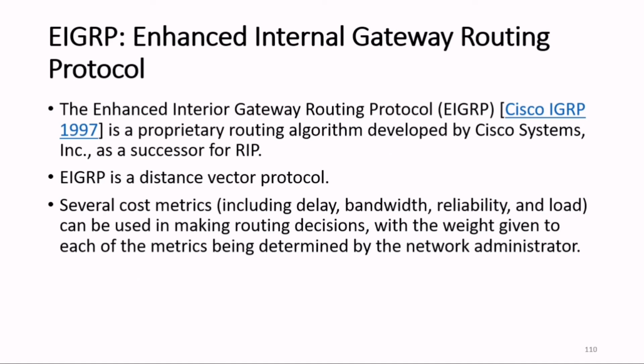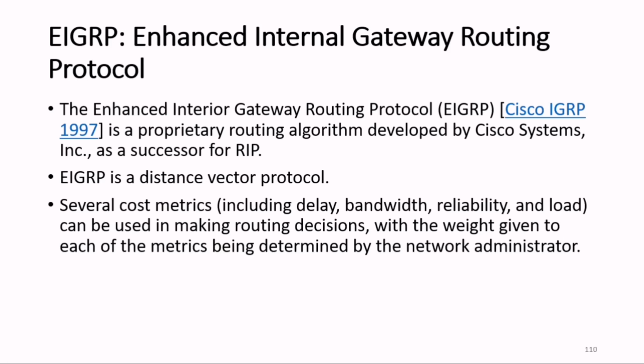And lastly, EIGRP, Enhanced Interior Gateway Routing Protocol. EIGRP is a Cisco routing protocol developed in 1997. EIGRP is a distance vector protocol similar to RIP.